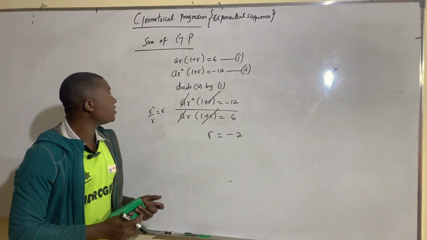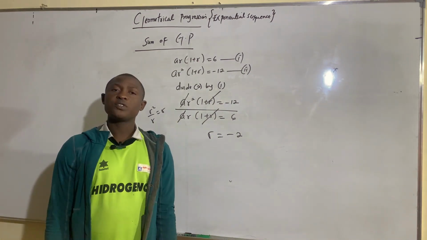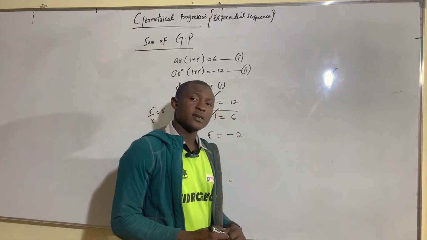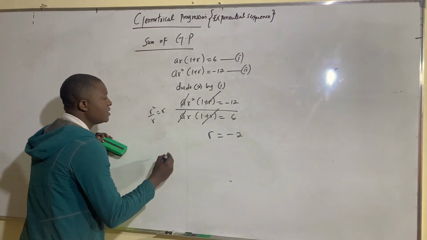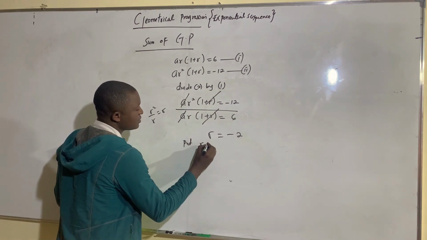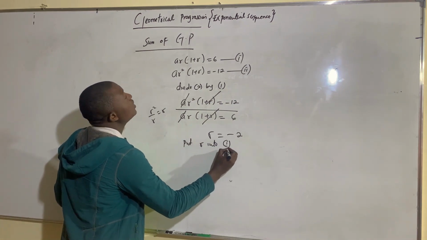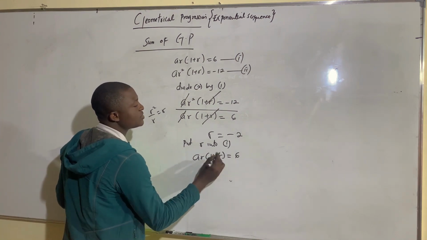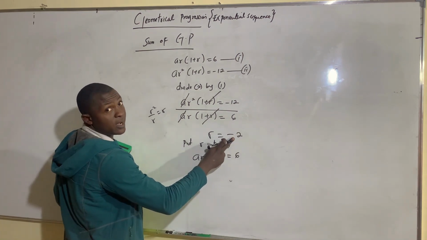So I can put the value of the common ratio into either equation 1 or equation 2, and we are going to have the same result. Which one do you want us to pick? Okay, let's just pick any one. If I substitute the value of R into equation 1, which is AR bracket of 1 plus R equal to 6, the value of R is minus 2.